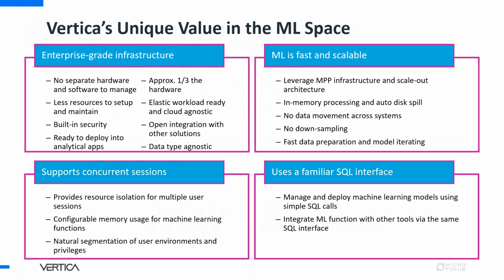Another unique thing with Vertica is that if you use any other tool like Spark or any other proprietary tool, there is always an issue in terms of concurrency. What Vertica offers is that even 5 or 10 developers can create their own models concurrently at the same time, and they can deploy also.